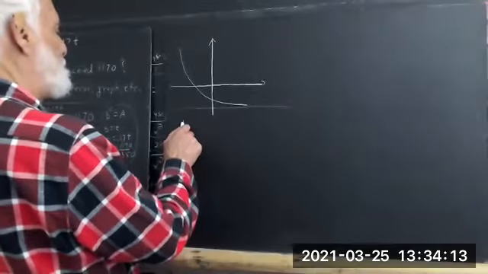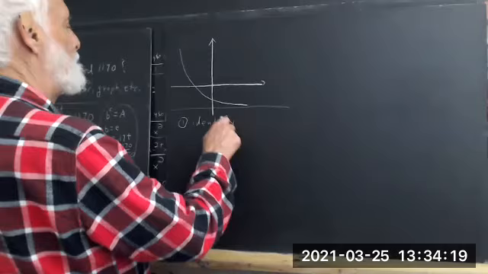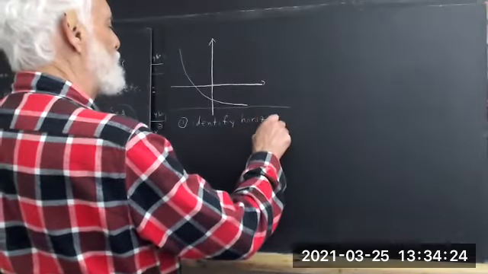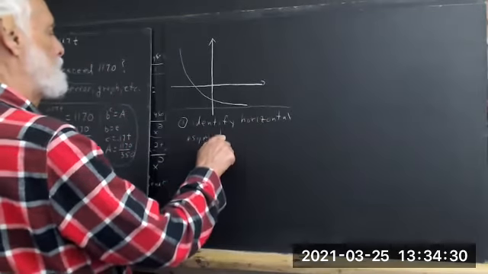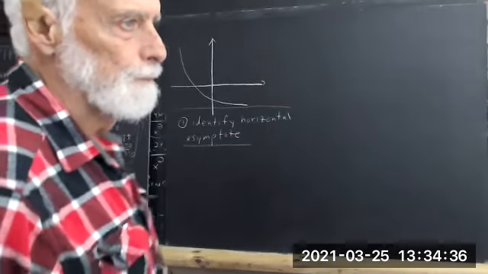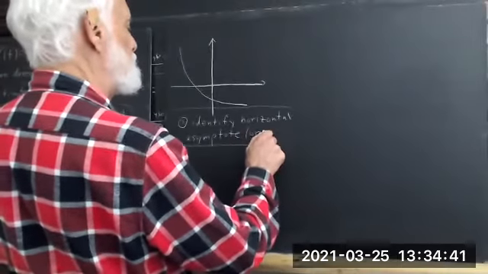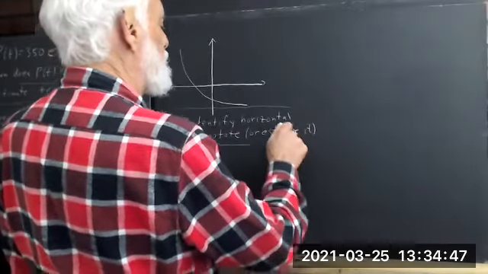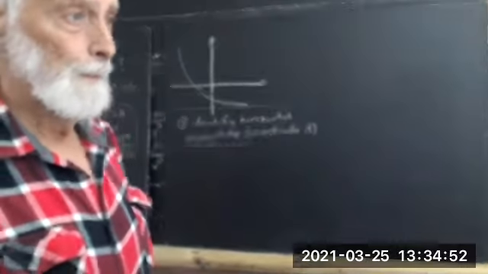So identify your horizontal asymptote, or estimate it if you don't think it's there on the graph someplace.